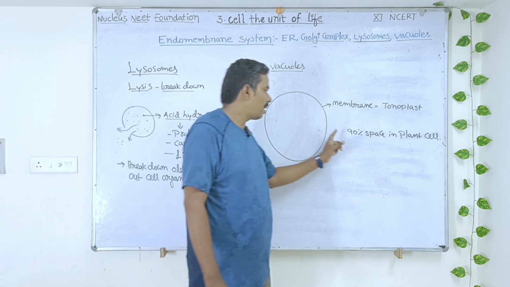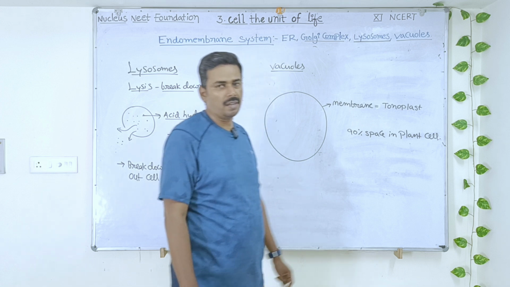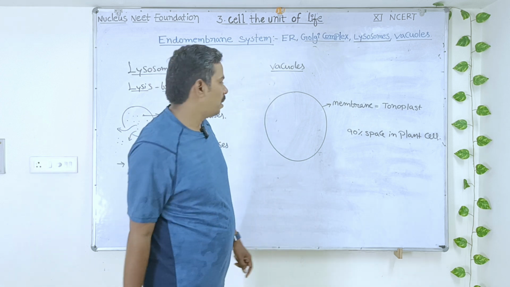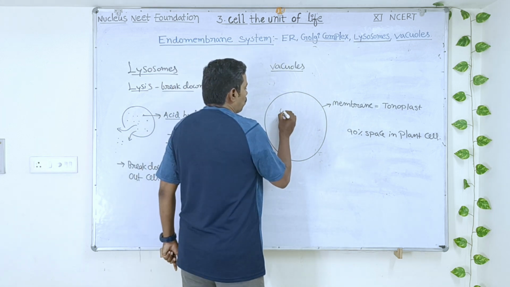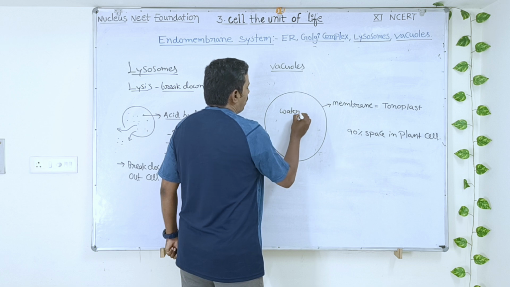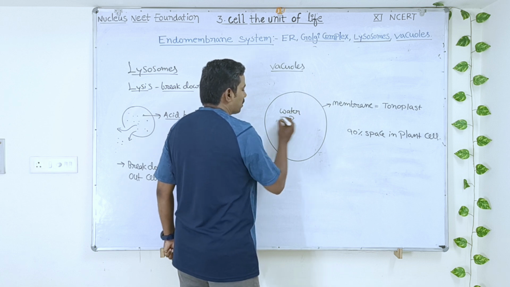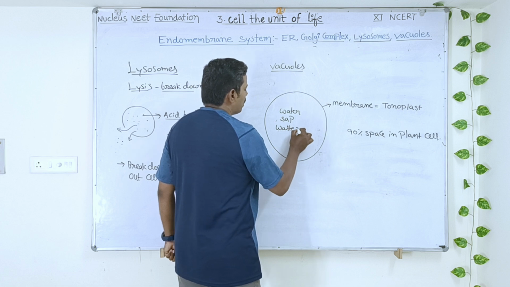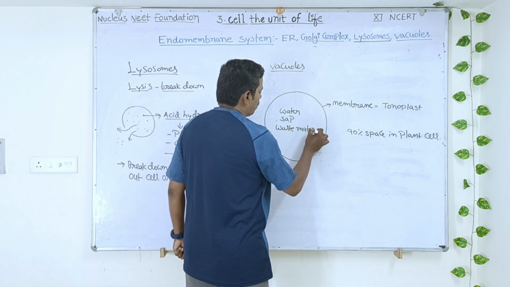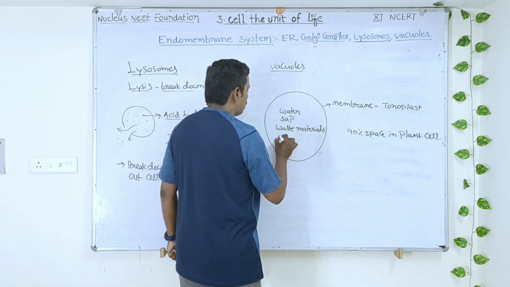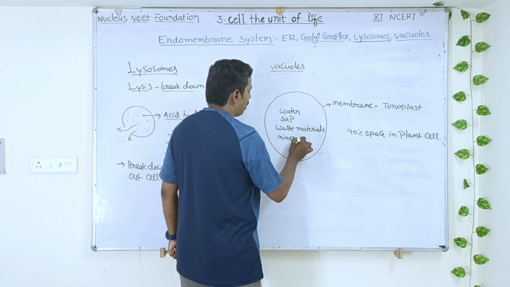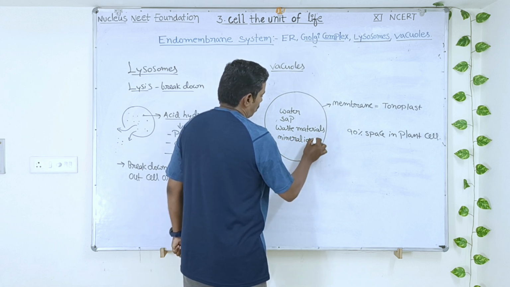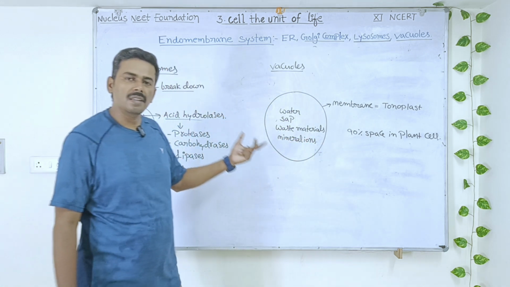And why is it so large? Because the vacuole stores water. It also stores a material called sap. It also stores several waste materials of the plant cell. And also it will store several mineral ions. So that's why its size is large.